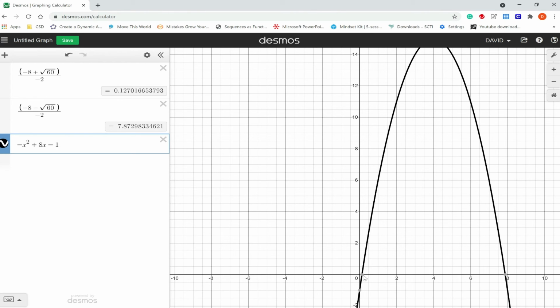And let's look at the intercepts. So 0.127, exactly what we have for our first option. And then 7.873. If we round the 7.8729, we get 7.873. So we solved this one correctly, and we are done.